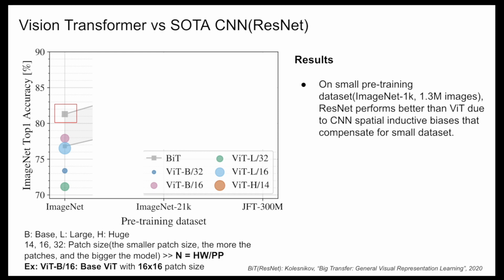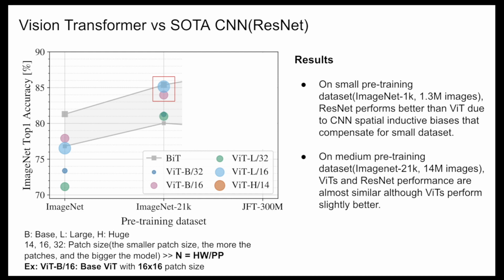I think this is not an established explanation yet, but currently we believe that CNN performs better for small datasets than ViT because of their inductive bias, but this is not really an established explanation.